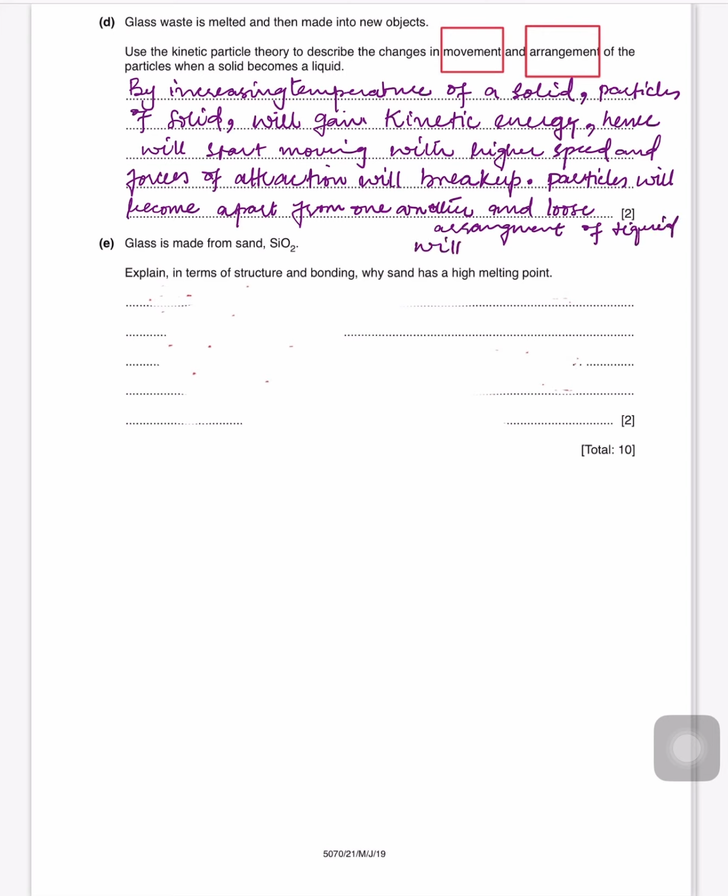I have a soft pen, so obviously it will take a little bit larger area to write, but you people will be able to manage it in the same lines. So, and loose arrangement of liquid will be developed.